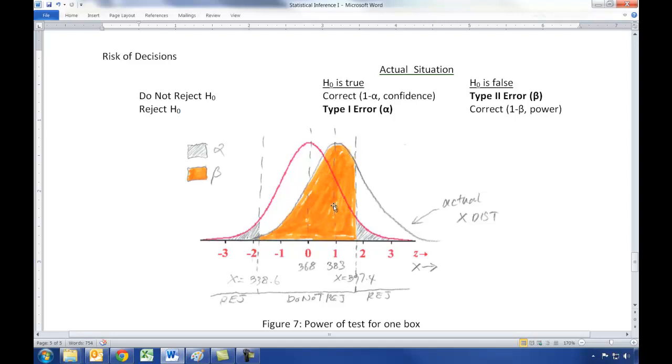What is new here, though, is we can actually associate a probability to each of these 4 outcomes. Let's look at how we can estimate the probability of making a type 1 error.